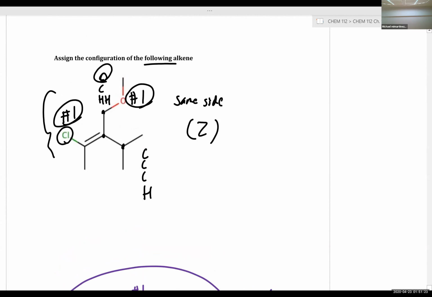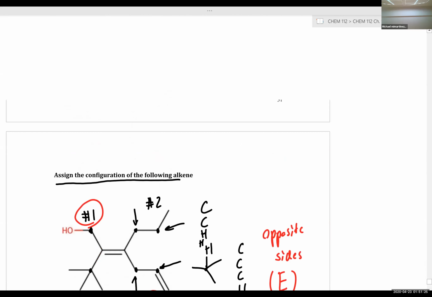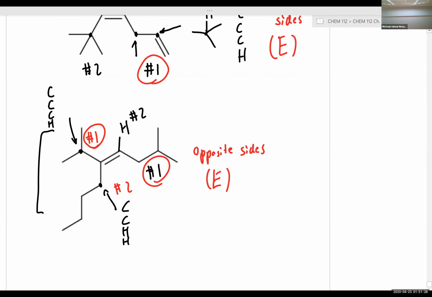Let's look at the previous example that we discussed. Brandon, is it this one that you wanted to talk about? The one that I put the star next to? Okay, perfect. In terms of priority, as we recall, you trace carbon by carbon.